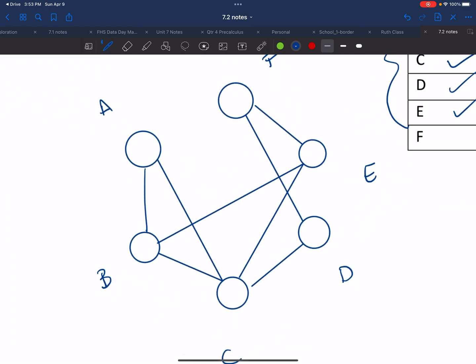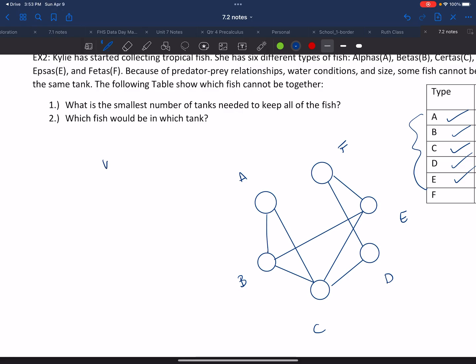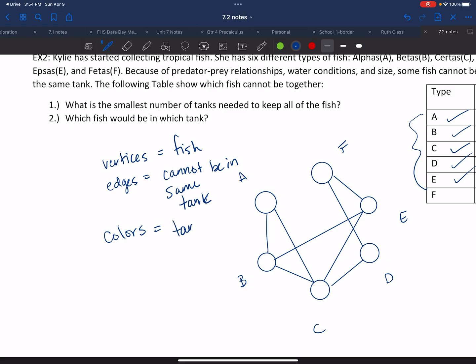All right. So our vertices are our fish. Our edges cannot be in same tank. And then our colors are going to equal the tanks that we have.